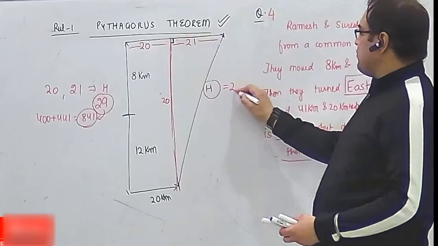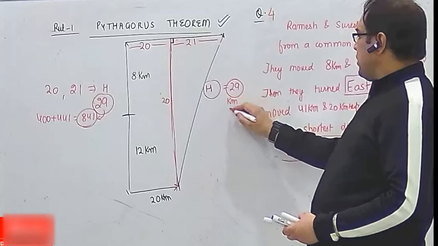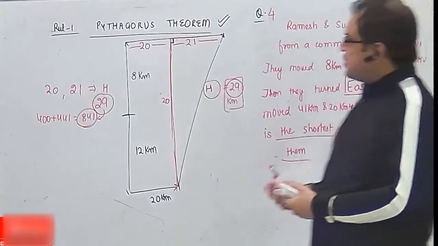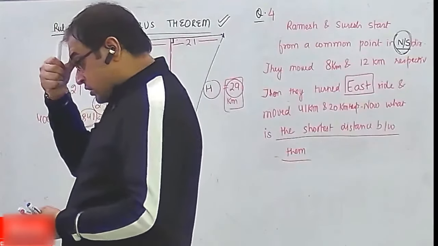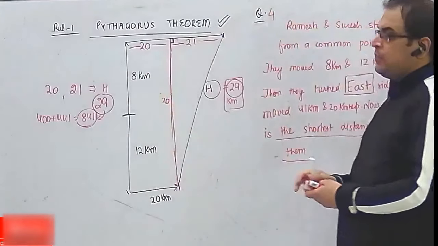So the hypotenuse will be equal to 29 kilometers. So the answer here will be 29 kilometers. From the very first Pythagoras theorem, we get to know these 4 questions and their answers. How do we do them?